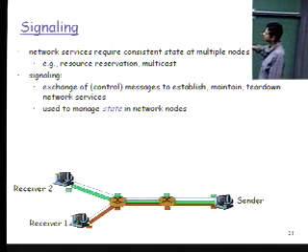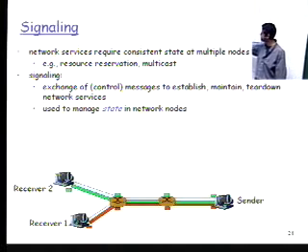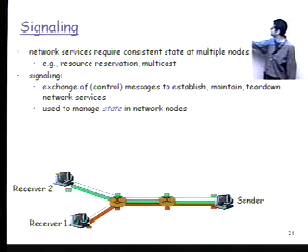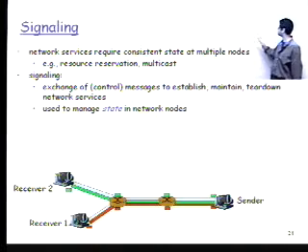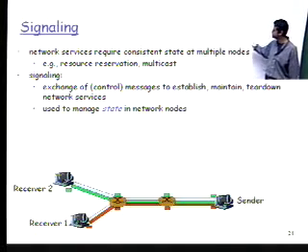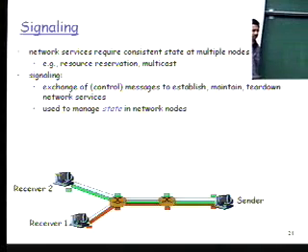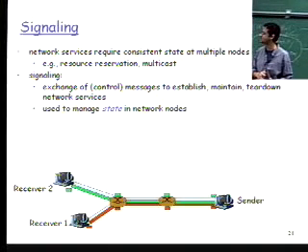So this is an example of these control messages being exchanged. Control messages are exchanged between the receiver and the router, and the receiver and the sender. The sender also has to know that it has to send packets in this general direction. So this is another example of control messages and establishment of state.